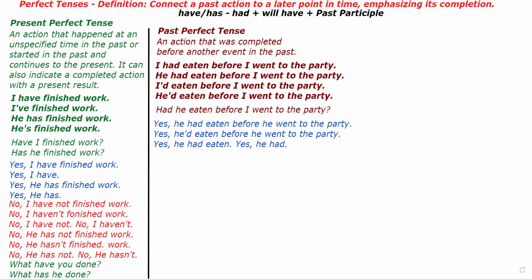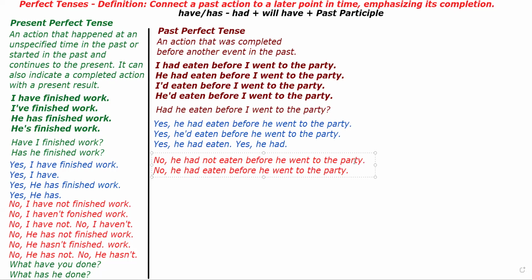Negative answers? So negative answers, we would say no. He had not eaten before he went to the party, right? No, he had not eaten before he went to the party. Or even shorter? No, he had not. No, he hadn't.